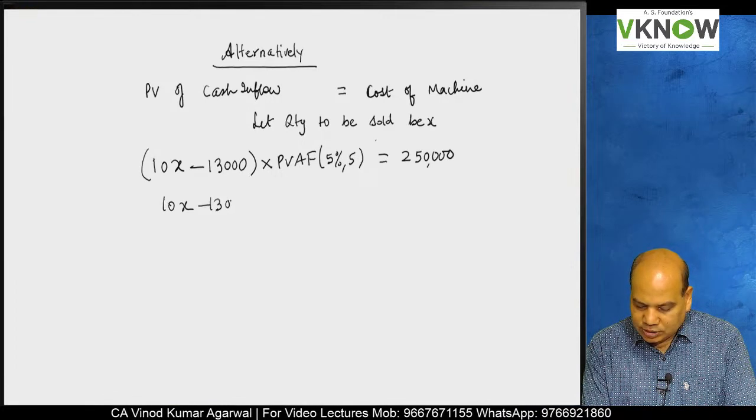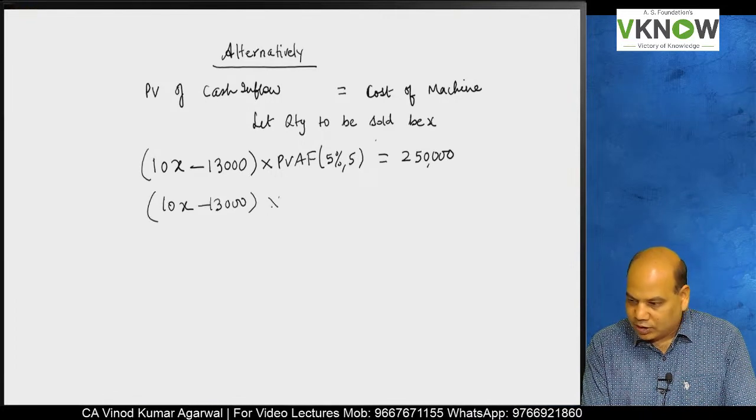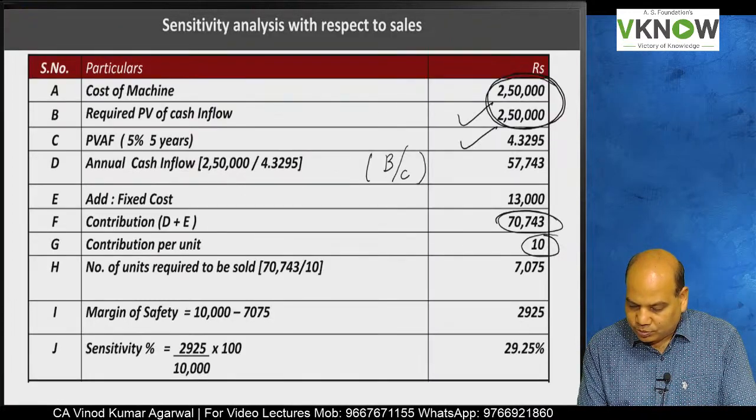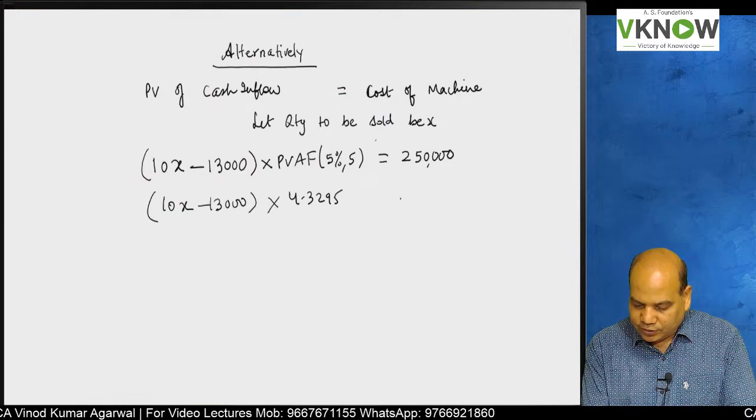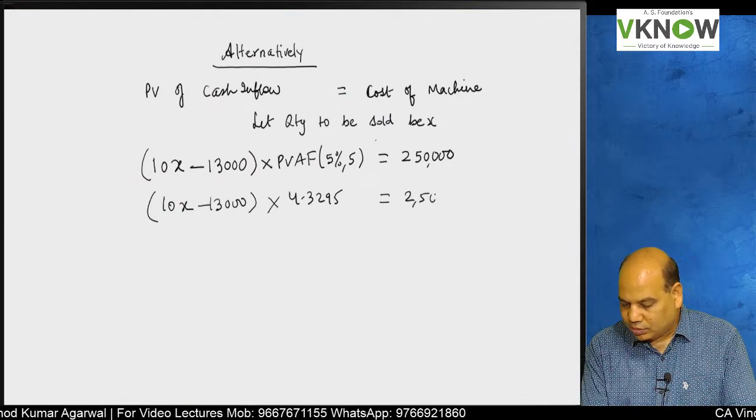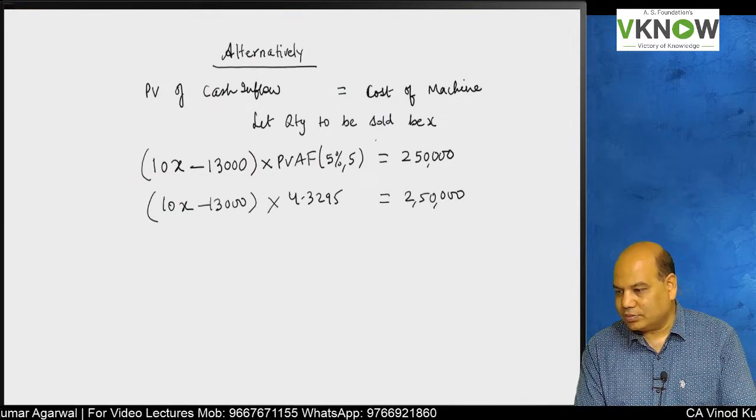10x minus 13,000. What was the annuity factor? I have to check. 4.3295. So 4.3295 is equal to 2,50,000.